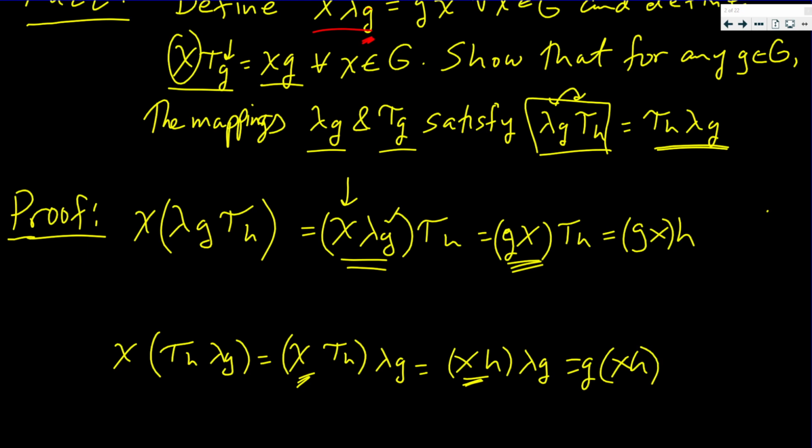So now, what you can do at this point is, you can say that this equals this, just associative law, which equals this, which equals this, which equals that.